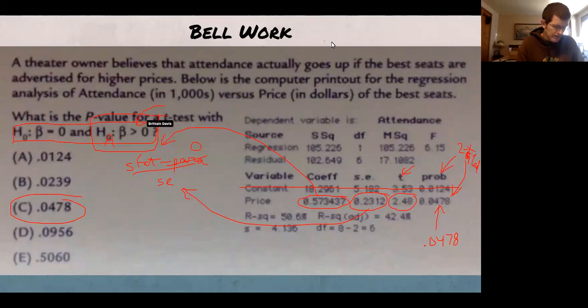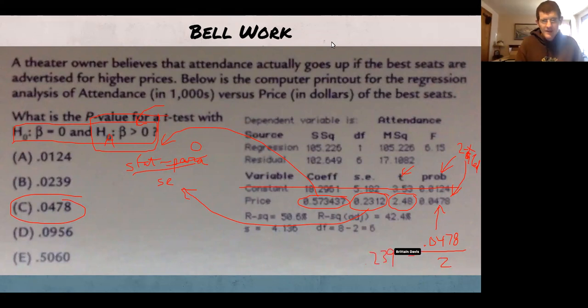It would only be two-tailed if it was not equal to. Because this is a one-tailed test, I need to take this p-value and divide it by 2. Remember, you get your two-tailed p-value by multiplying by 2, so to get back to a one-tailed, I divide by 2, and that will give me my final answer of 0.239.